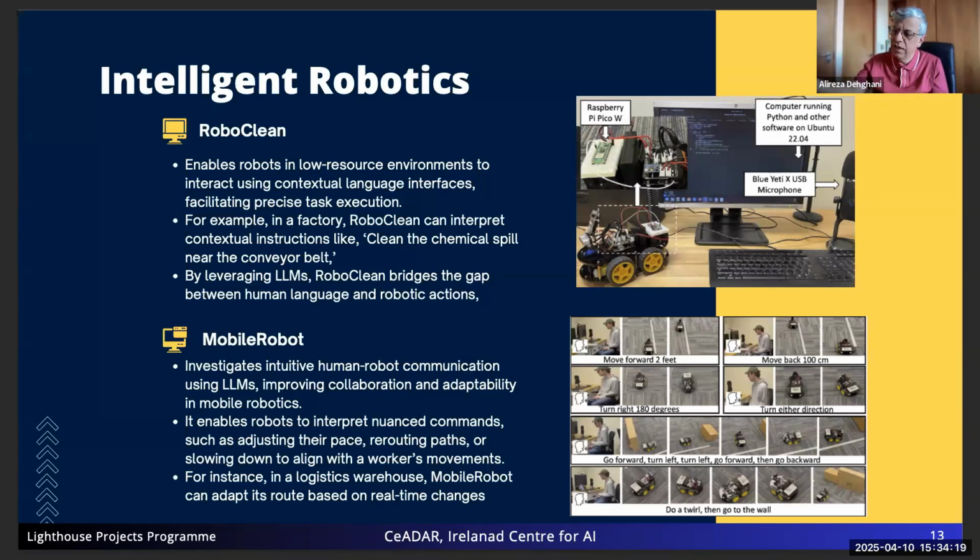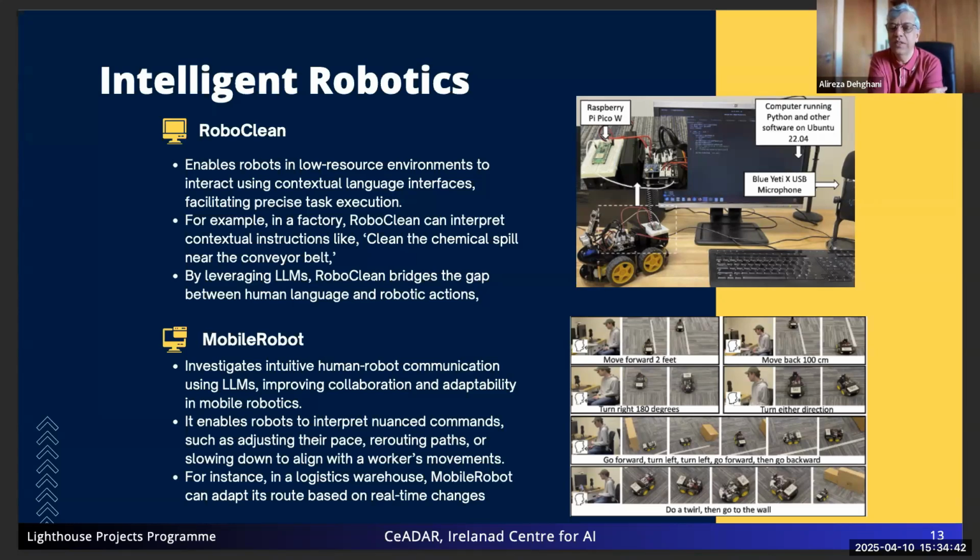Multimodal, it needs to understand the language, the speech, convert it to text, communicate with the large language model, interpret it, and generate some sort of commands, let's say robot codes, and then the robot implements your command. That's very interesting. Or maybe in a manufacturing plant, a worker can communicate with it.